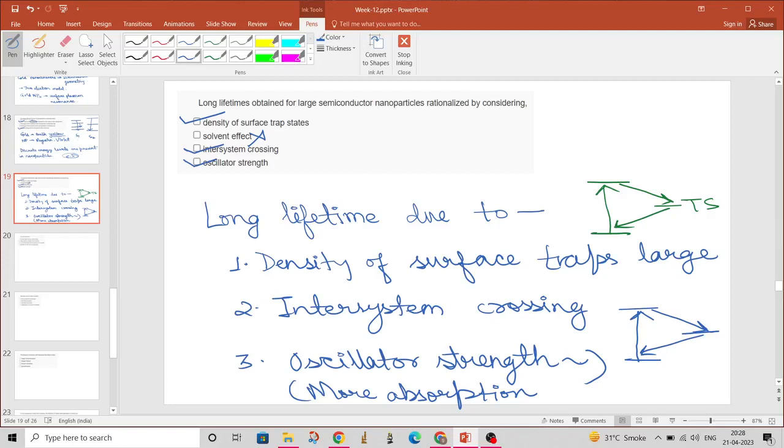And the oscillator strength, if there is more absorption, it may undergo longer lifetime. Okay, so for this question, the correct options are first density, second intersystem crossing, and third the oscillator strength.